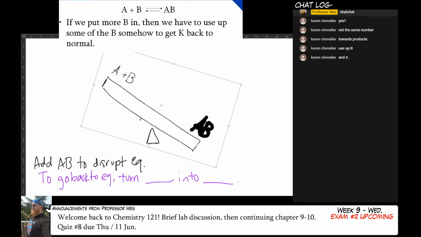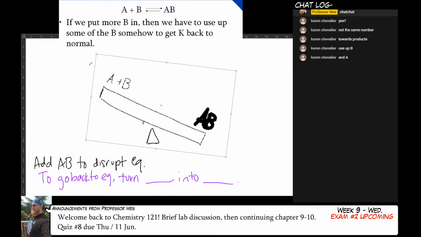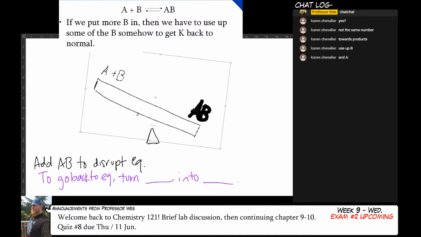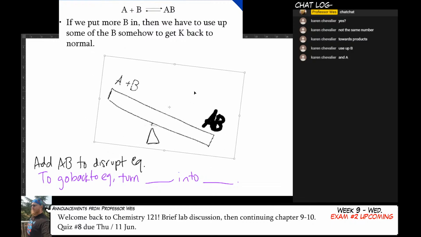Oh, that's not what I meant to do. Because the left side, I have too few. That's why it's up in the air like this. And the right side, I have too much. Oh, I didn't mean to move it. Put it back.